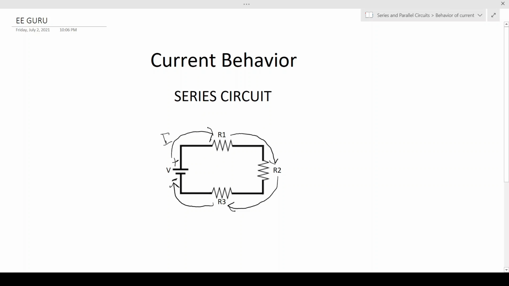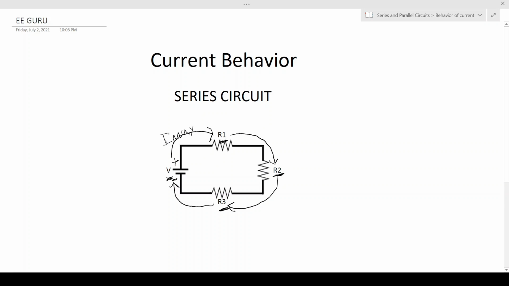Something important to note is that all of the current that is flowing from the voltage source is the same throughout the entire circuit. So I max, the entire current that is flowing from the voltage source, is the same current that is flowing through R1, R2, and R3.